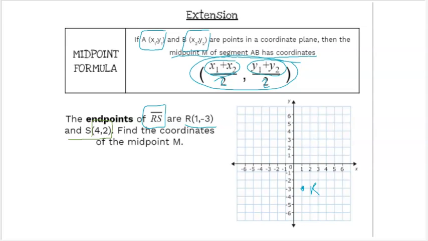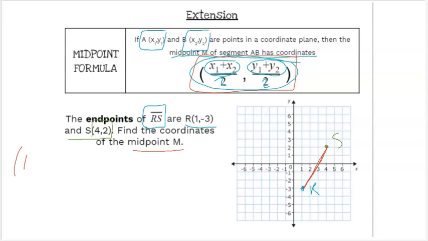So we can find 4, 2 right here, and I'll label it S. Find the coordinates of midpoint M. So here's our line, and we want to find the point that would be exactly in the middle. We can get an estimate of where that might be by looking at our graph, but we don't know exactly where it would be. We can't just pick a point and pretend. So we're going to use our formula.